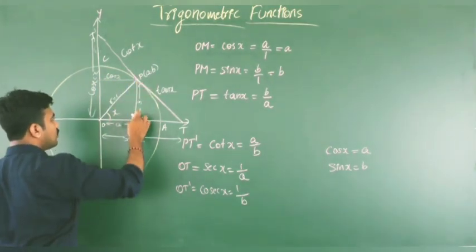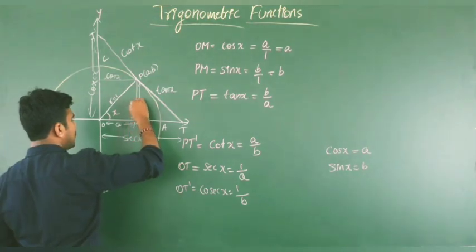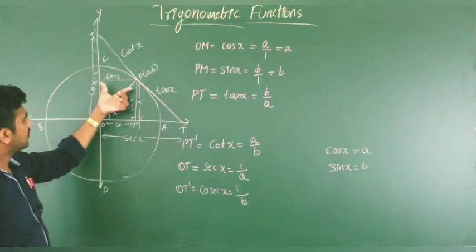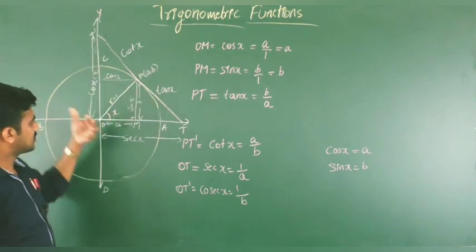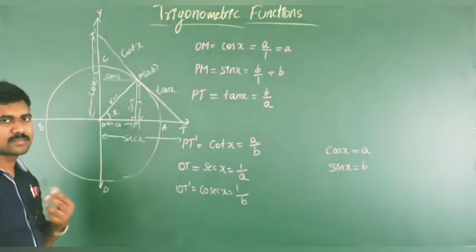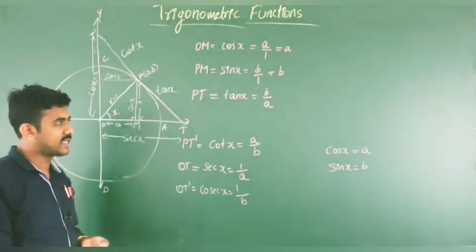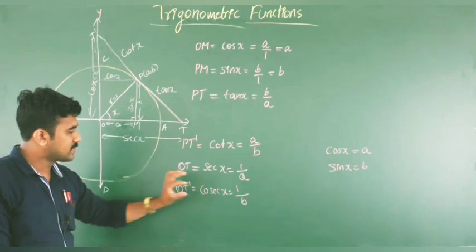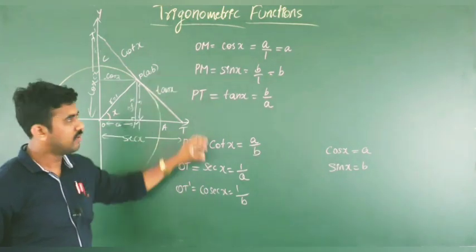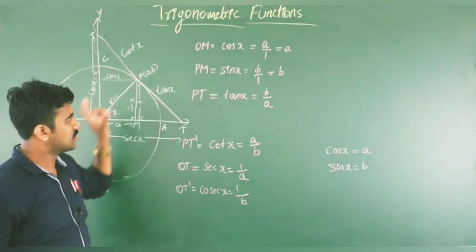The length from P to the x-axis is sin x, B is sin x. So you should know sin x, cos x, tan x, cot x, secant x and cosecant x. Cosecant is the reciprocal of sin x, 1 by B. These are the trigonometric ratios in different cases we can observe here.